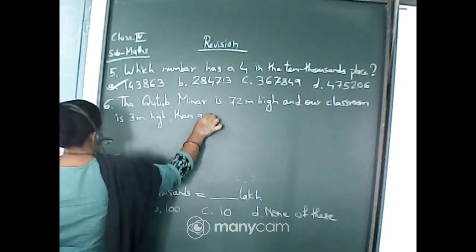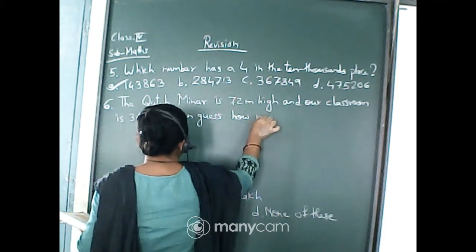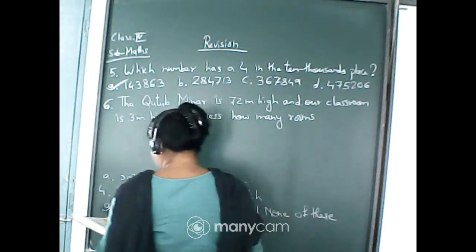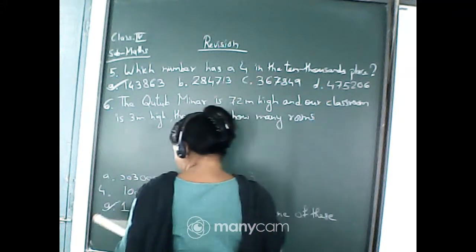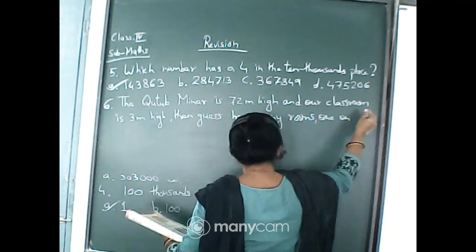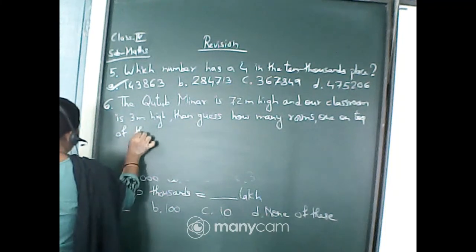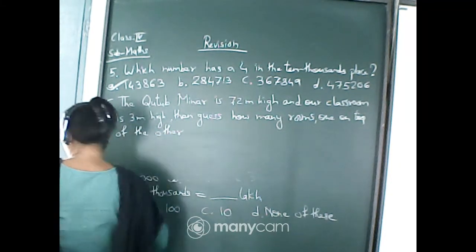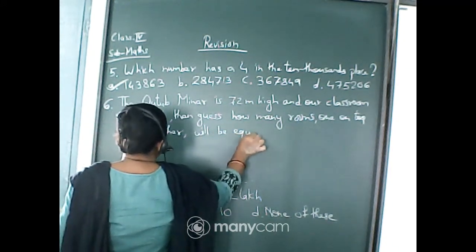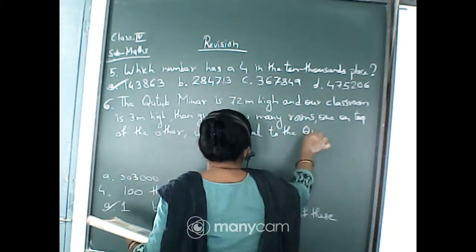Then guess how many rooms one on top of the other will be equal to the Qutub Minar.